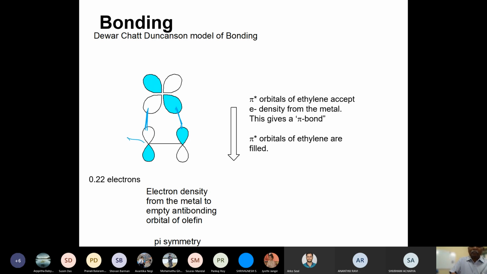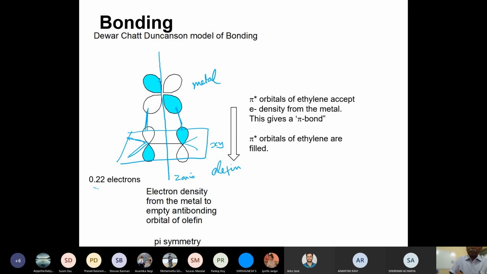Remember, this is the orientation in which the olefin is present, and this is our so-called z-axis, and this is our xy plane. And the electron density flow now is coming from the metal to olefin.